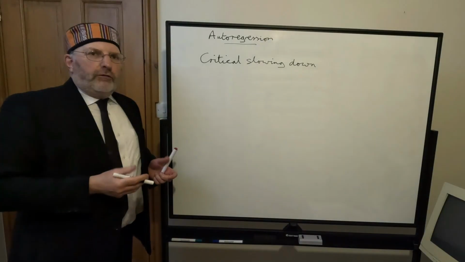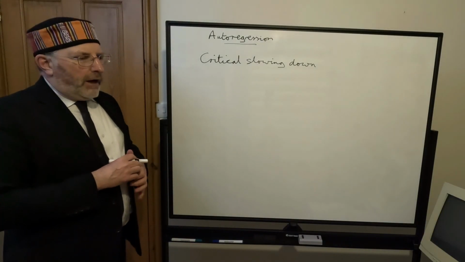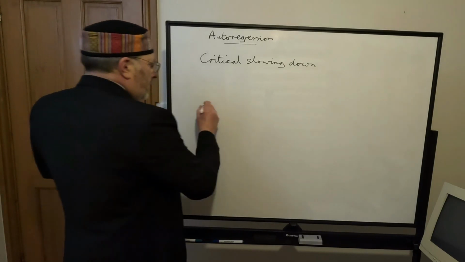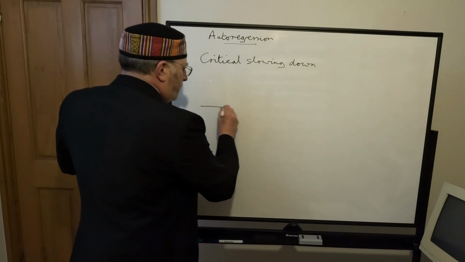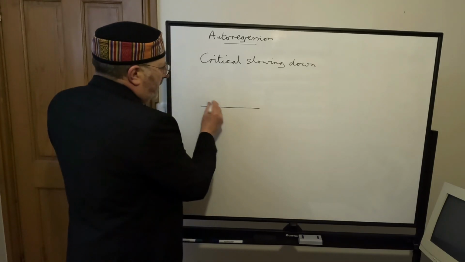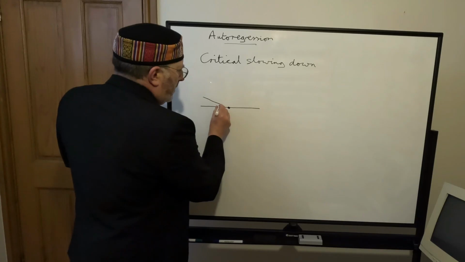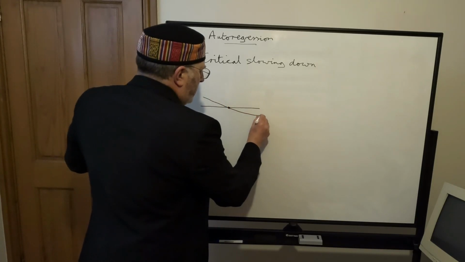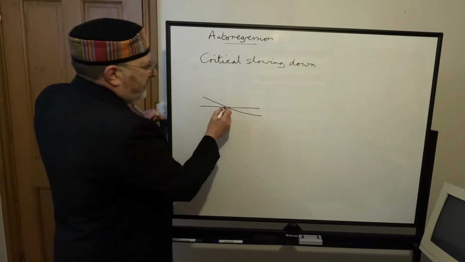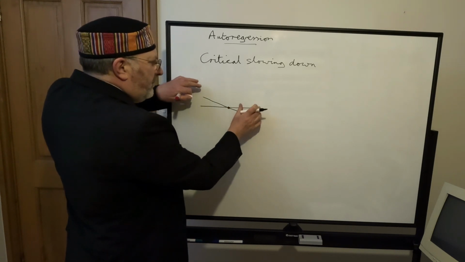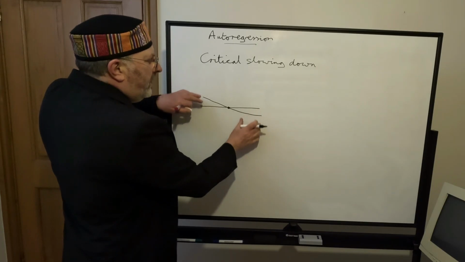Now, we talked about critical slowing down in the lesson on critical behavior, and you should recall that it occurs when we're at a stable point, but this is getting close to a critical transition where the stable point is going to disappear.